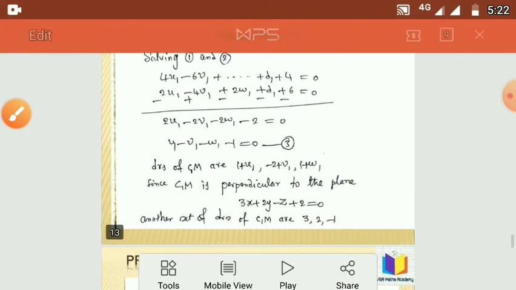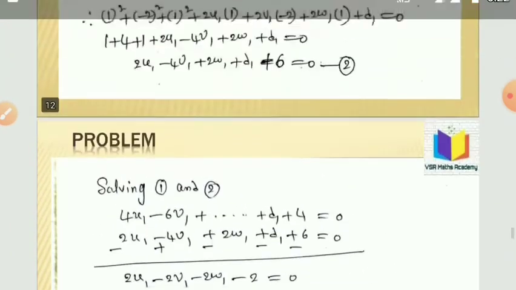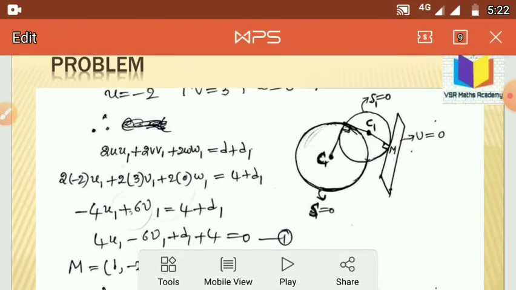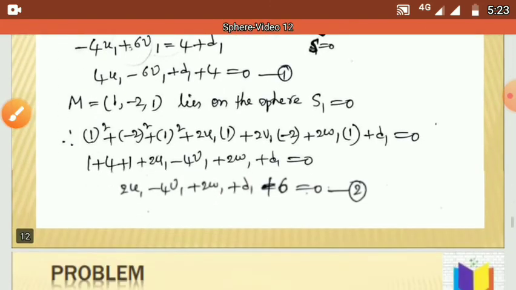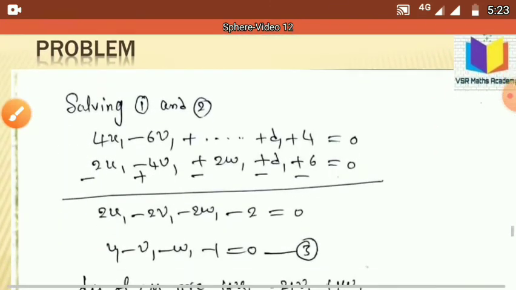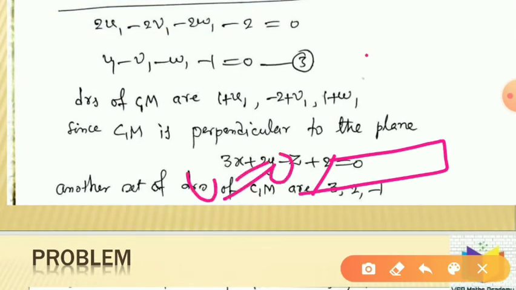So we will take another condition here. Here is the diagram. C1M is perpendicular to the plane u is equal to 0. You can see it like this. This is the plane u is equal to 0 and C1M is perpendicular to it.